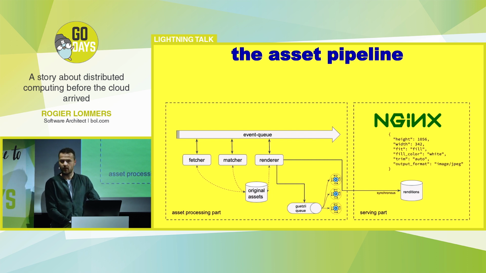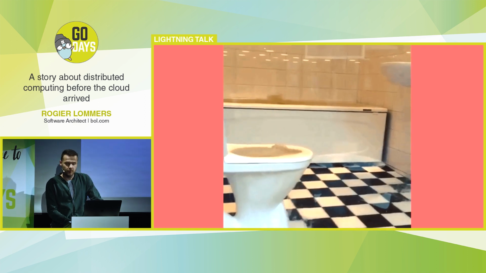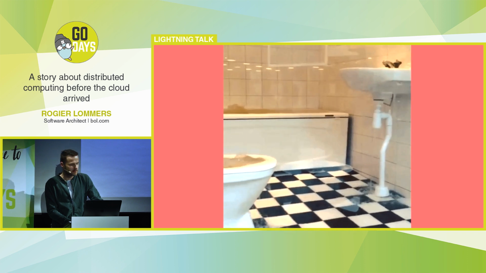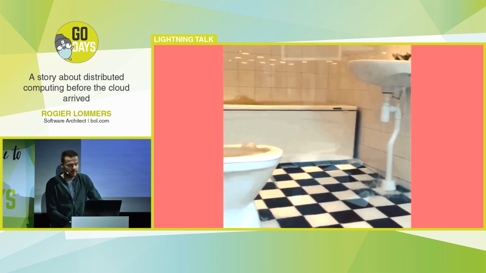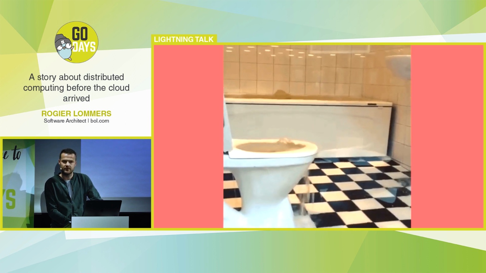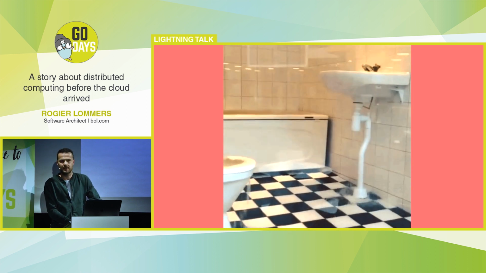Simple as that, so everybody happy. But then, the queues were full. The number of messages in the queue piled up, and I calculated that in order to process all our assets retroactively, it would take literally years.